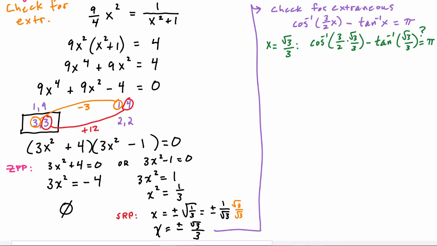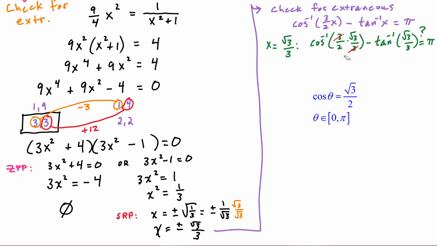Well, we notice that the 3 here will cancel the 3 here. So what we're really doing is the cosine inverse of radical 3 over 2. So if we're doing the cosine inverse of radical 3 over 2, you're thinking of an angle such that cosine theta equals radical 3 over 2, and theta must be between 0 and pi.